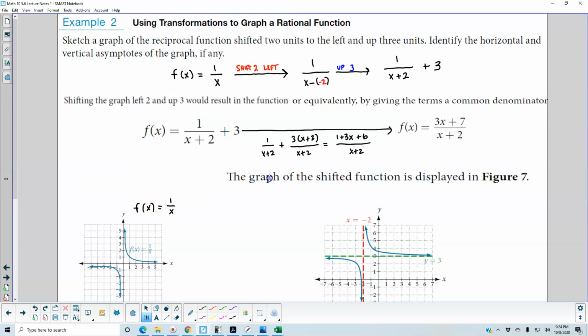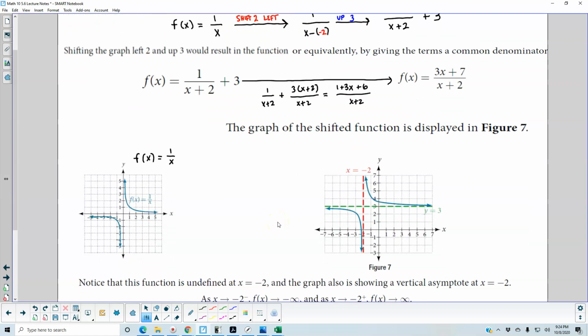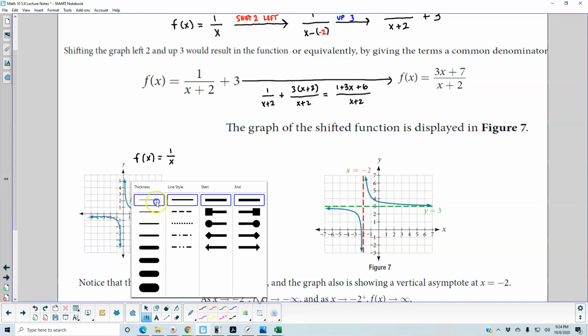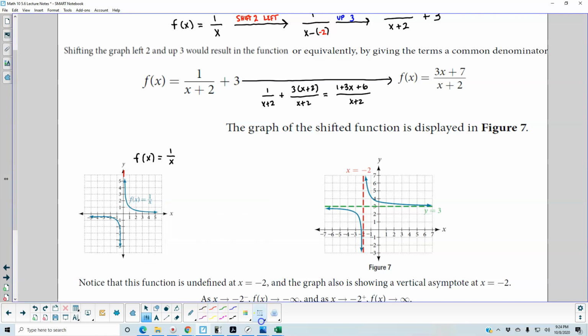So if we want to find out what's happening with the graph, recall that we have a vertical asymptote for the reciprocal function at x equals 0. And then we had a horizontal asymptote at y equals 0.